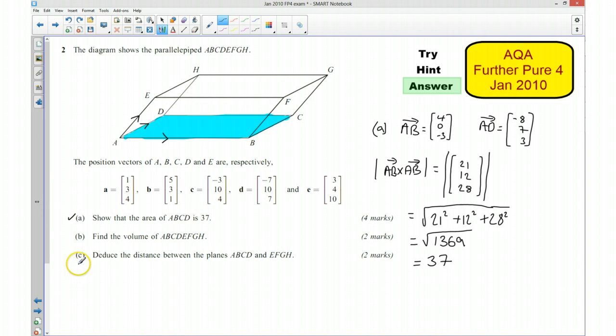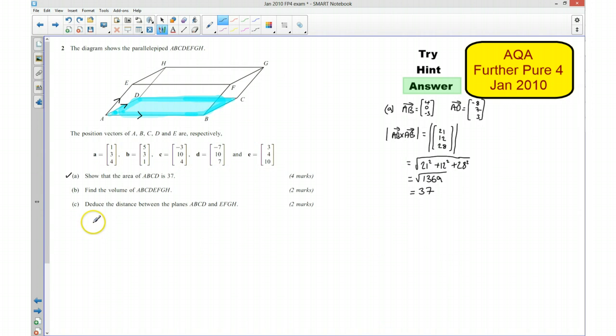Okay, part B is asking us to find the volume of ABCDEFGH. So what we need to do here is find the scalar triple product of AB, AD and AE. We've already found the cross product of AB and AD over here.